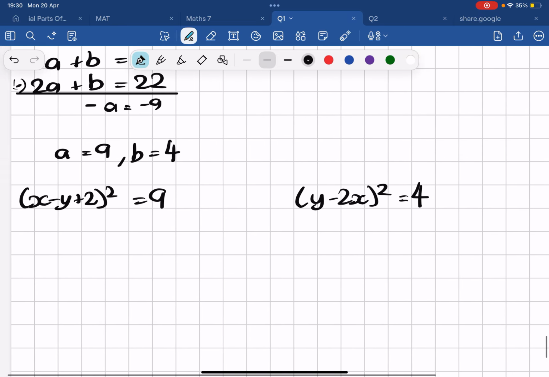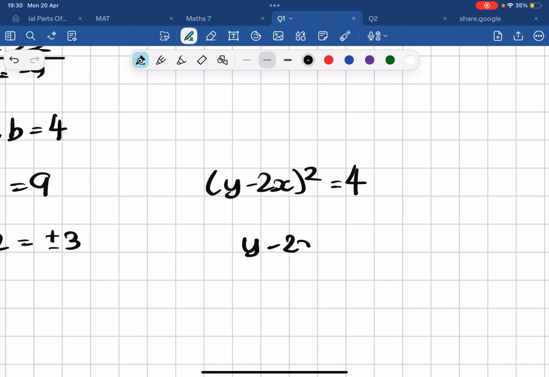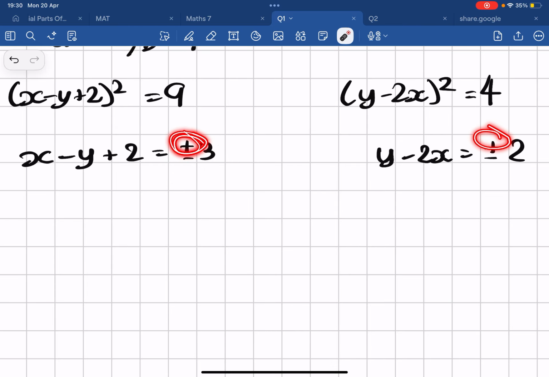Now if you square root, x minus y plus 2 equals plus or minus 3, and similarly on the right hand side, y minus 2x equals plus or minus 2. So we've got a few possible values of x and y. I believe there's 4 pairs because we can solve the positive here and the positive here, positive negative, negative negative, or negative positive. That's 4 ways.